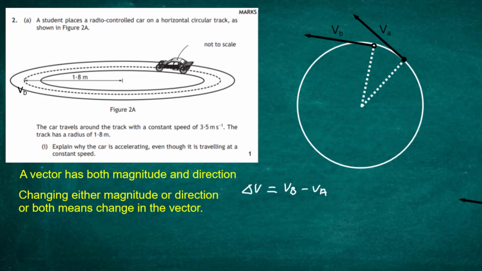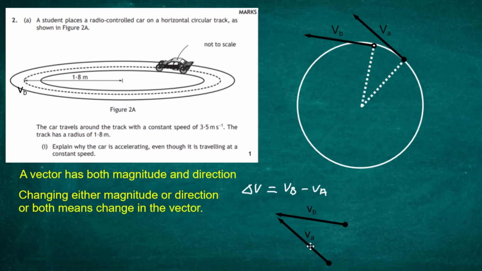Here we have the velocity vector VB. It matches up there. And here we have the velocity vector VA, which matches up there, and both are the same magnitude. Now, in that position there, VB and VA cannot be added together in this form.